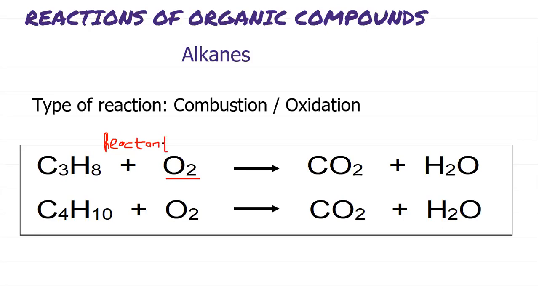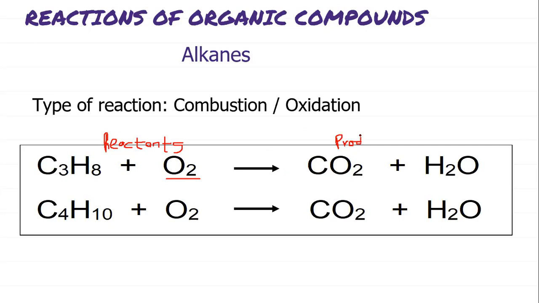And then when propane undergoes combustion, there are products that are formed, and the products are written on the right hand side of the arrow. Your products are carbon dioxide as well as water.